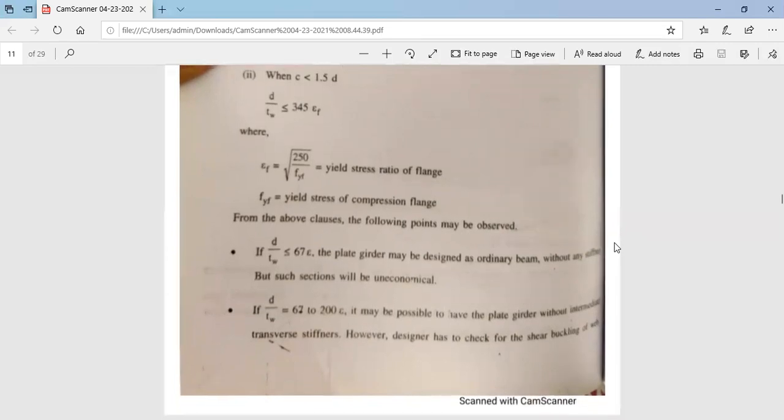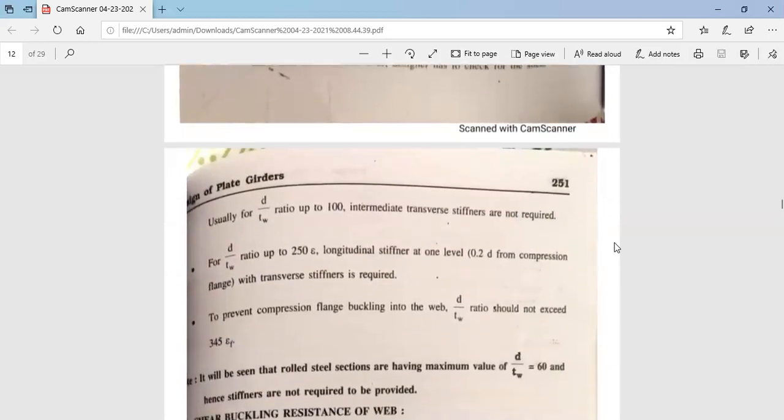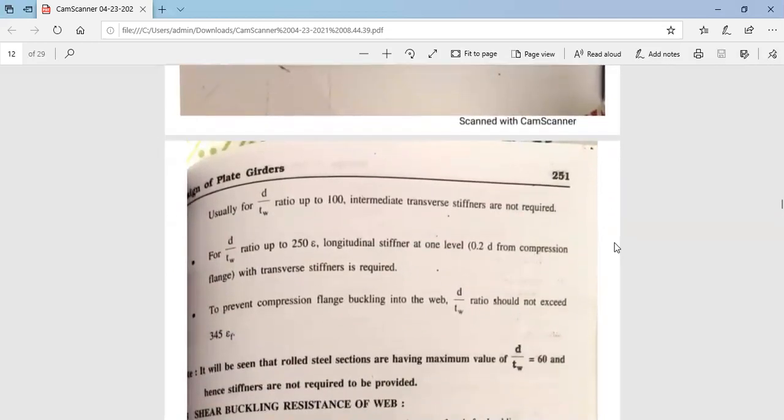Usually for D by T ratio up to 100, intermediate transverse stiffeners are not required. For D by T ratio up to 250E, longitudinal stiffeners at one level with transverse stiffeners are required, and to prevent compression flange buckling into the web, D by TW ratio should not exceed 345 EF.